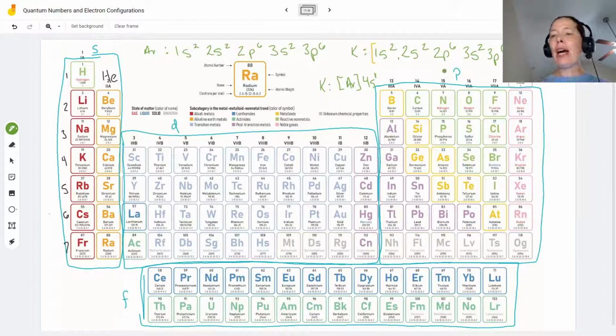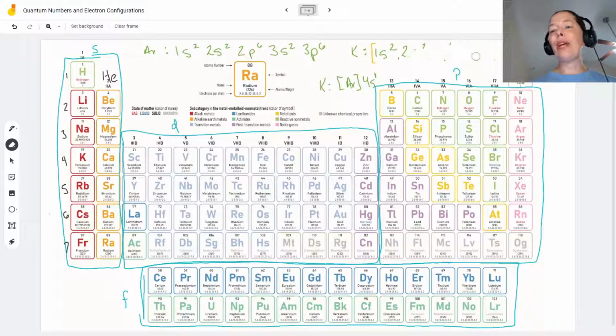So I found the electron configuration for argon within the electron configuration for potassium, but I would never be able to find the electron configuration for krypton within potassium because it doesn't have enough electrons. This gets really tempting when you do an electron configuration for a halogen, because you really want to use that noble gas that it's next to, but you can't.